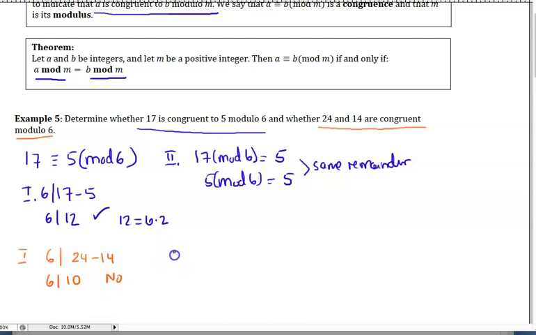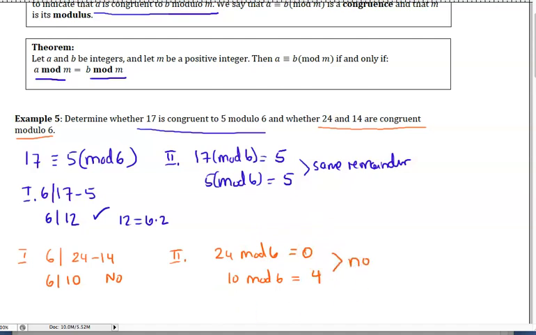And the second way to check it is to check the remainder of the division. If I do 24 mod 6, and again, you can use parentheses or not, it doesn't really matter, then the remainder is 0.